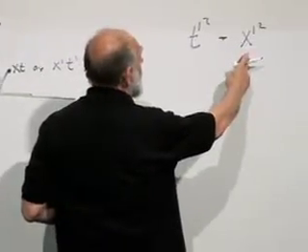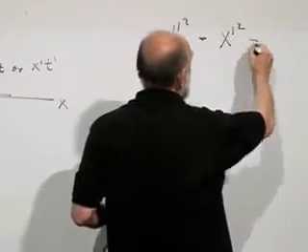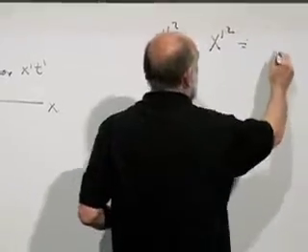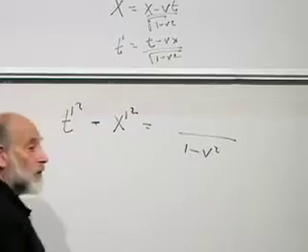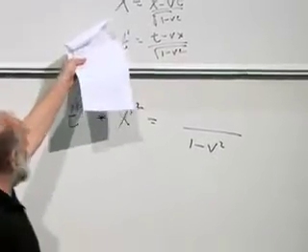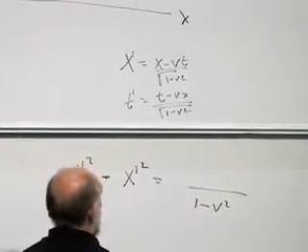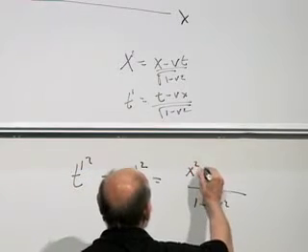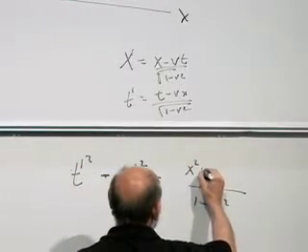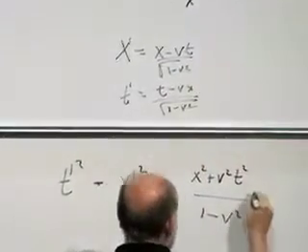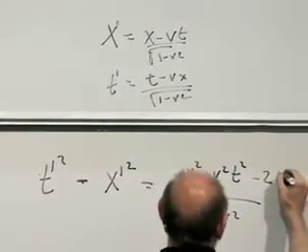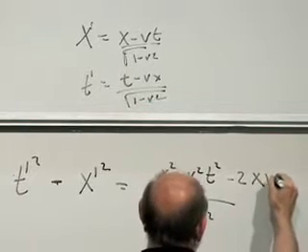Let's write it on the right here. First of all, in the denominator, we'll get 1 minus v squared, because we've squared everything. Now let's look at x prime squared. That has x squared, plus v squared t squared, and then minus 2xvt.